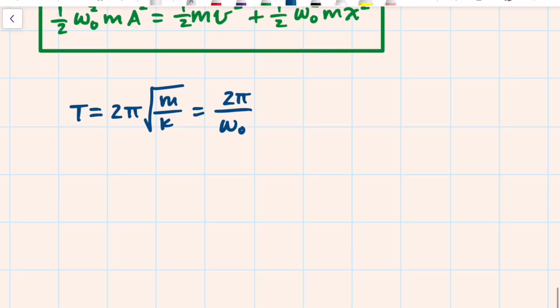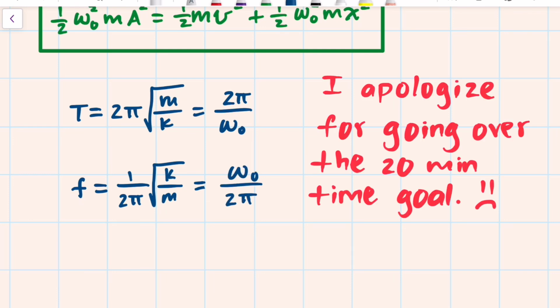And because we know period is equal to 1 divided by the frequency, then the frequency is going to be 1 over 2 pi times the square root of k over m. And we know that the square root of k over m is omega naught. So there we have it. Period and frequency of a harmonic oscillator. And that's it.